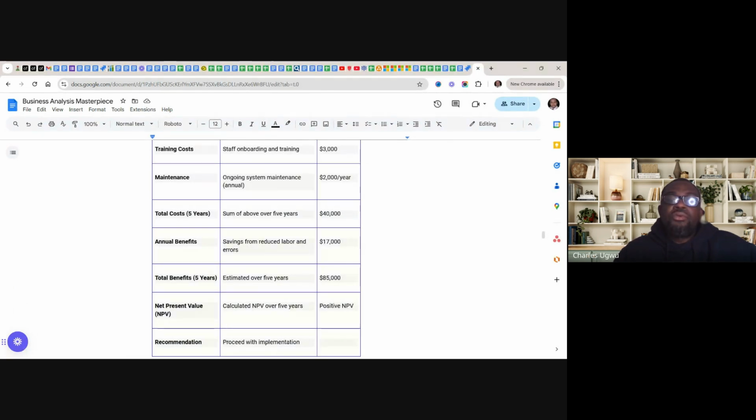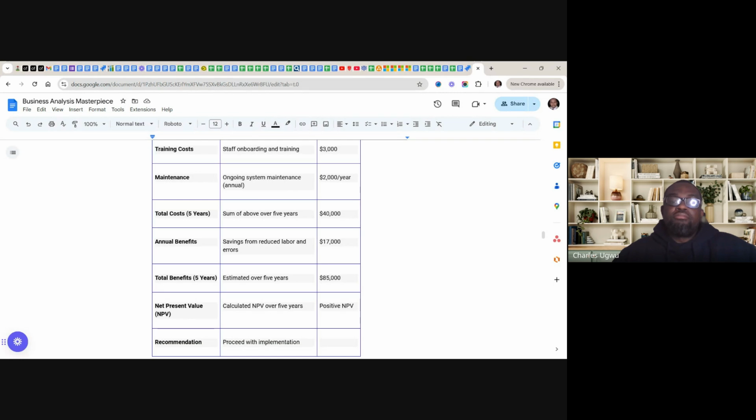Because if you are looking at just 1 year, you might not get the benefit immediately. But when you look at benefits over a period of time, you see that it is so beneficial over a longer duration.